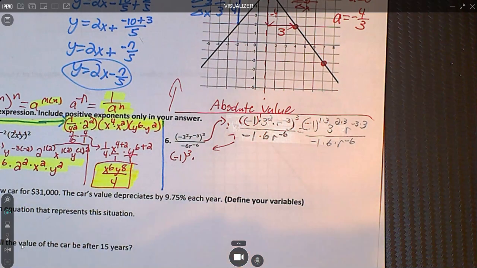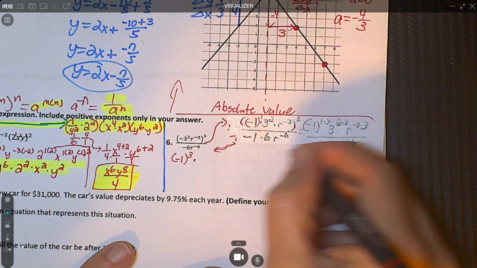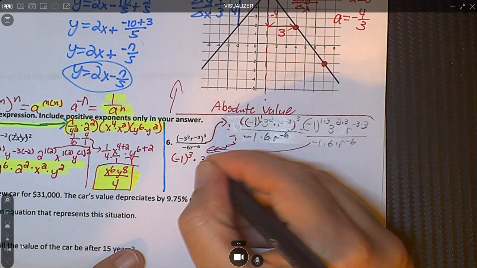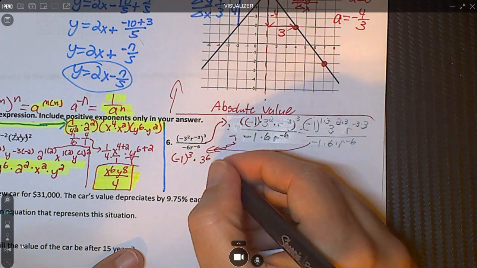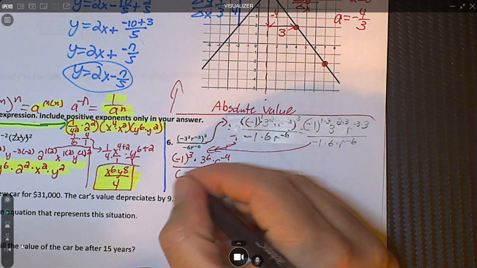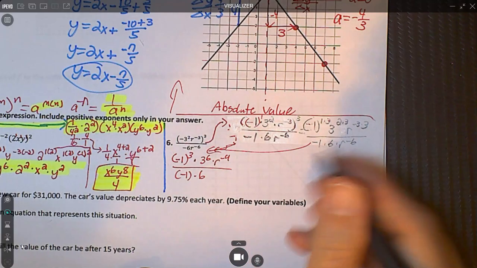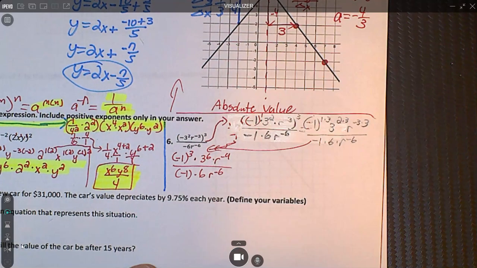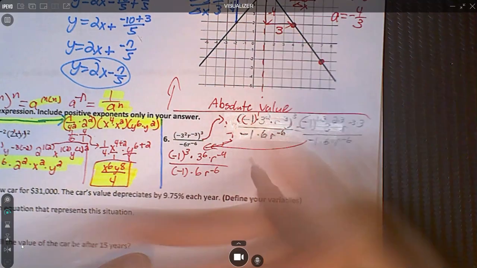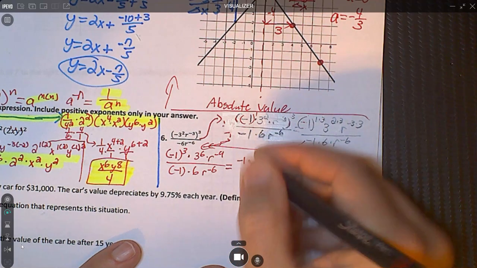Okay, so here we go from up there. Negative 1 to the third is negative 1 times negative 1 times negative 1.